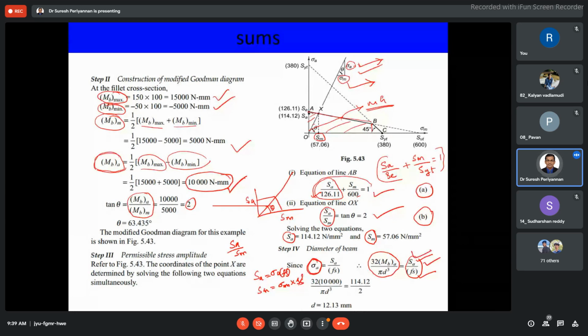Introduce here 32 into 10,000 divided by pi d cube. This is nothing but M by Z, right? Then on the right side, we know SA, Fs. Finally, our diameter of the shaft is 12.13 mm.